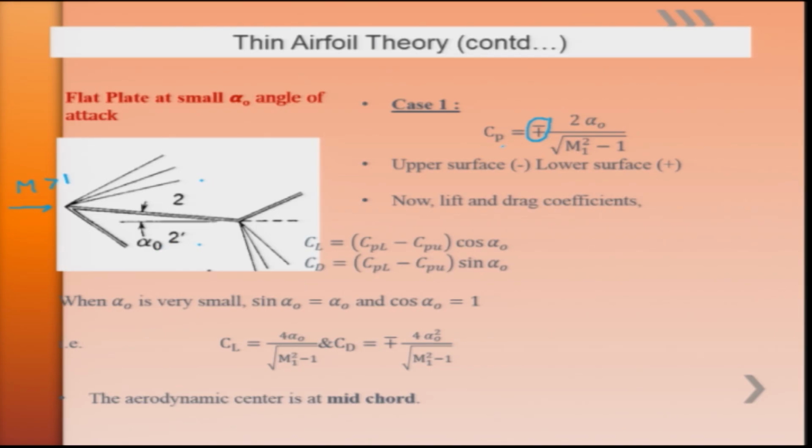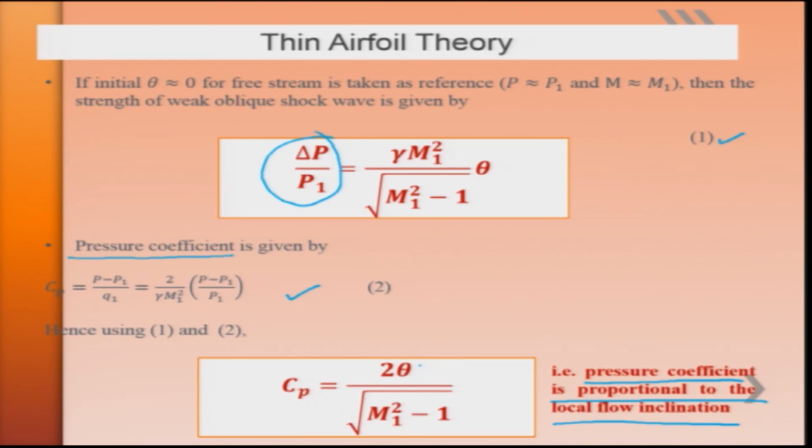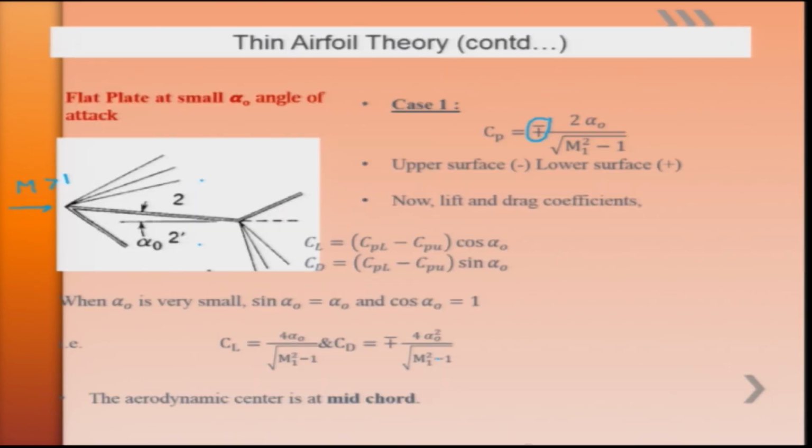We can write down the Cp as minus plus 2 alpha naught upon square root of M1 square minus 1. This alpha naught is the local inclination, which we have seen in this relationship as theta. For a thin flat plate, each point along the flat plate, whether on the upper surface or the lower surface, experiences the same local inclination, and that is why I have written 2 alpha naught upon square root of M1 square minus 1.